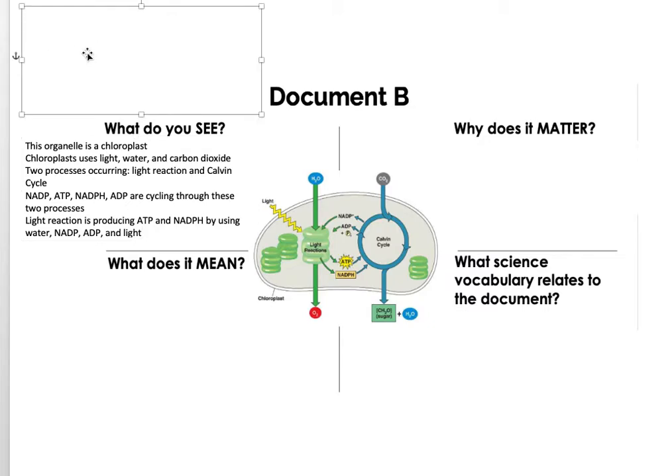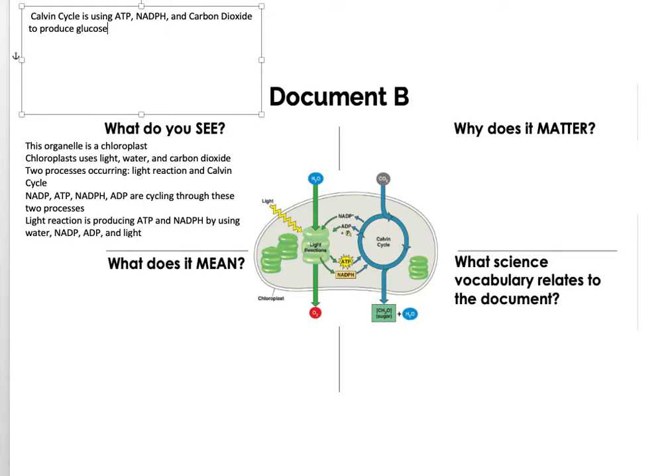Okay, we can also see that the Calvin cycle is using ATP, NADPH, and it's also using carbon dioxide to produce sugar.